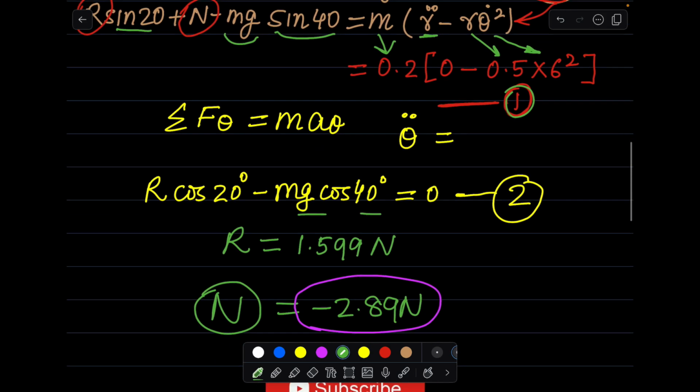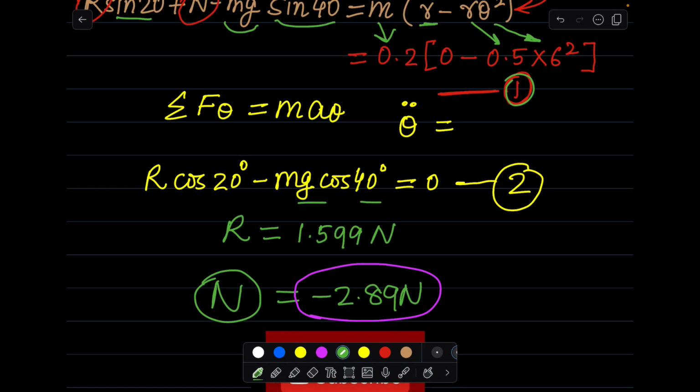Now we will move on to solving the forces in the theta direction. Go back to the picture again, the free body diagram, and check it out please. You will see that the forces working in the theta direction are R cos 20 and the mg component, mg cosine 40, and they will be equal to 0. Why is it 0?